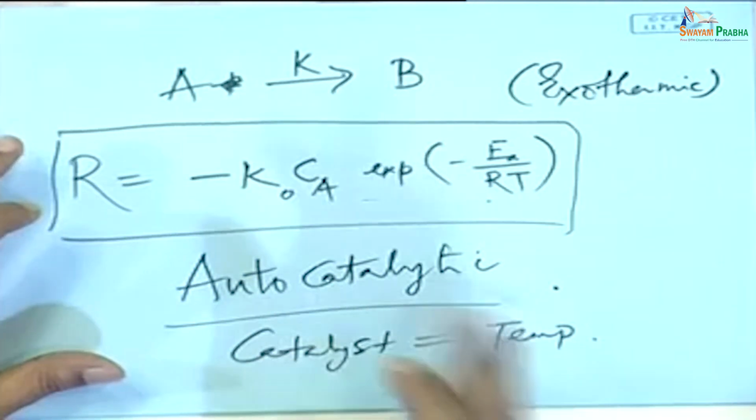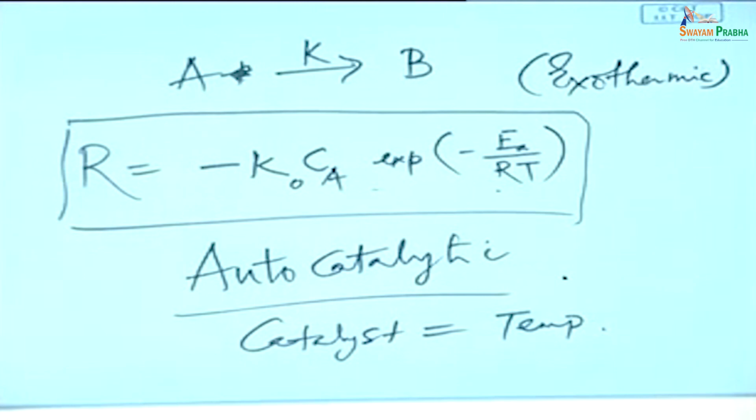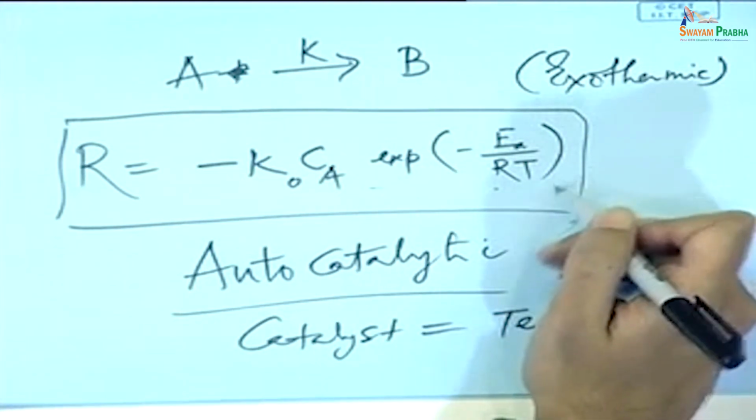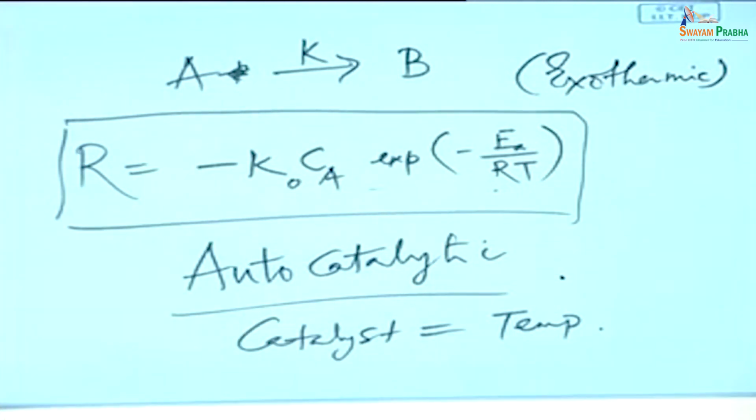Now let's come to the concept of reactor runaway. One of the things you can do is cool it, either by jacketed cooling or by coupling an exothermic and an endothermic reaction, so that the heat produced by the exothermic reaction is quickly taken up by the endothermic reaction. These are different strategies.